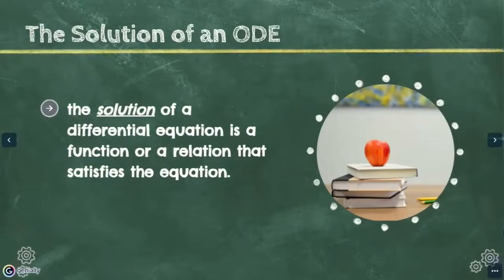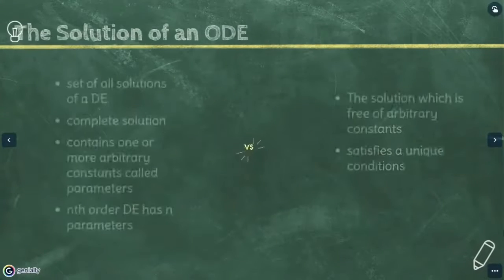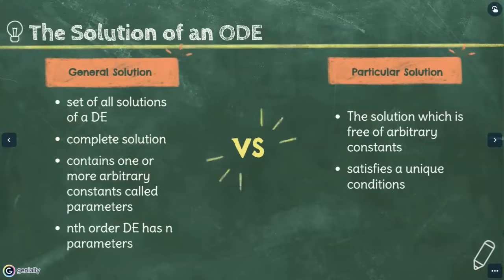So, the solution of an ordinary differential equation, or ODE. A solution of a differential equation is a function or a relation that satisfies the equation. These are the types of solutions that we need to tackle: the general solution and the particular solution.